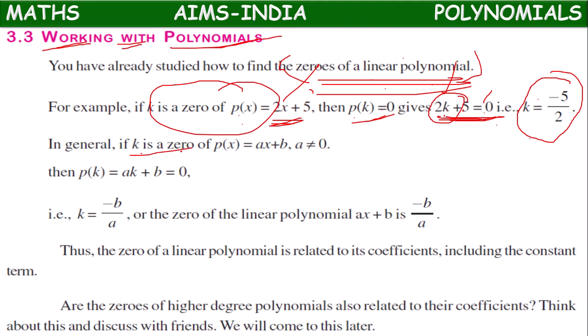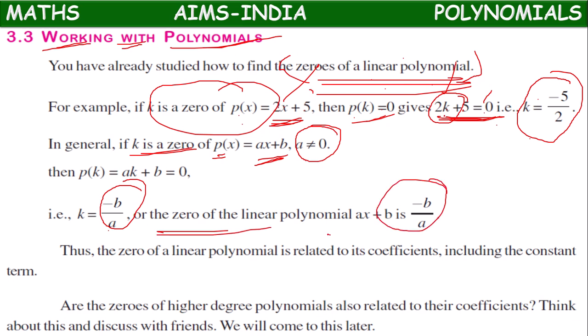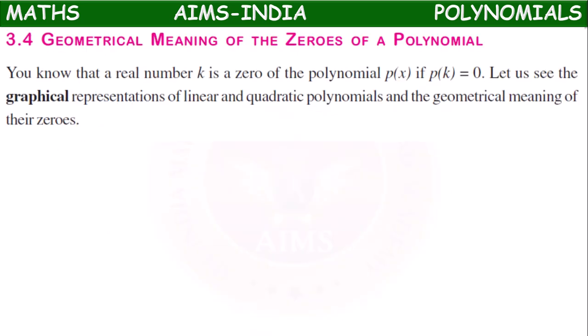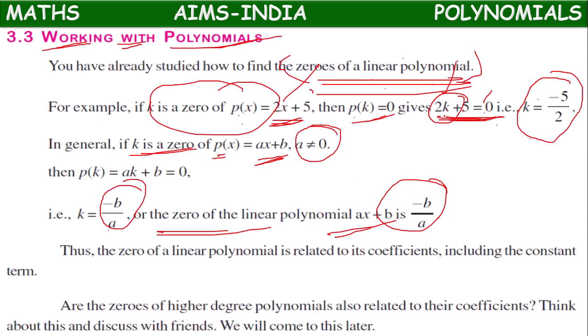So if k is a zero of a polynomial like ax plus b, where a is not equal to 0, then minus b by a, like minus 5 by 2, is the zero of the polynomial ax plus b. Suppose ax minus b is there.